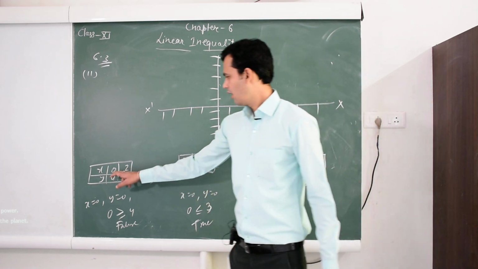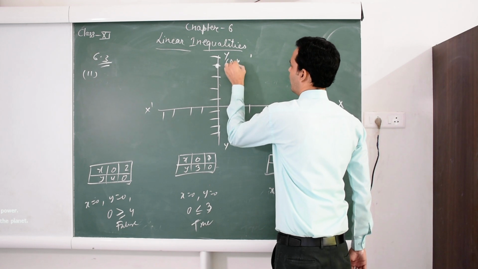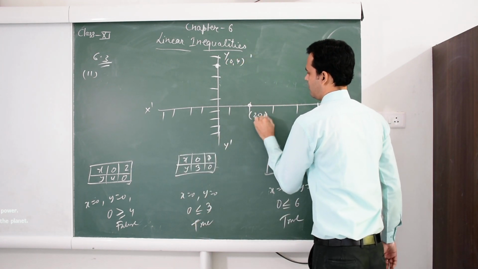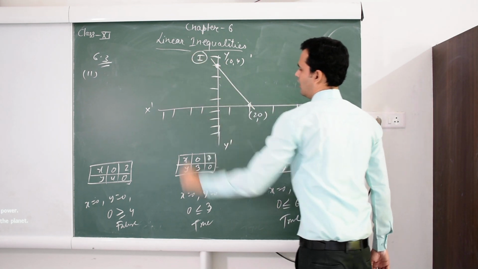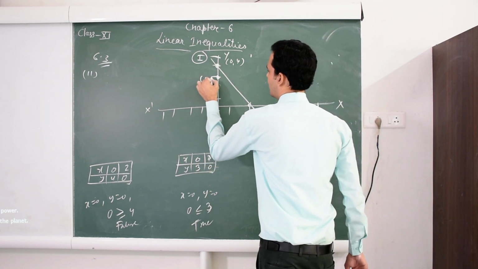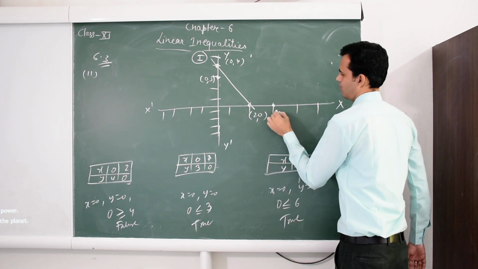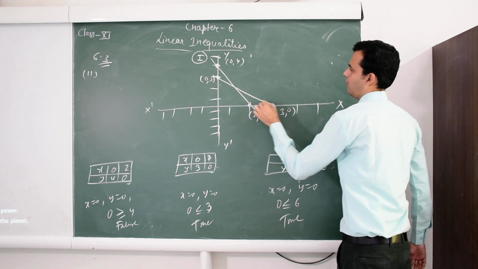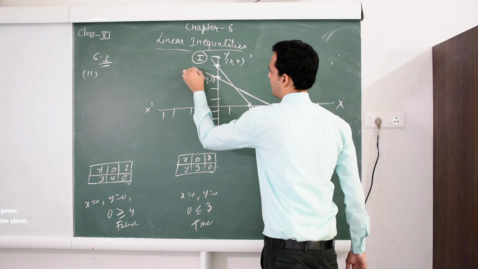For the first, x 0, y 4, (0, 4), x 2, y 0. This is the graph for the first equation. Then x 0, y 3, (0, 3), and x 3, y 0. This is the graph of the second equation, these 2 points.